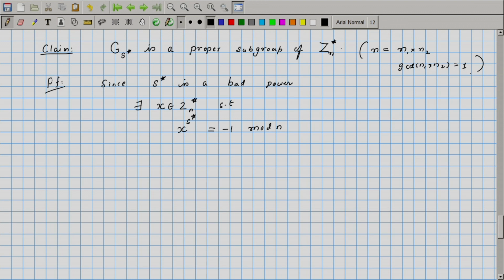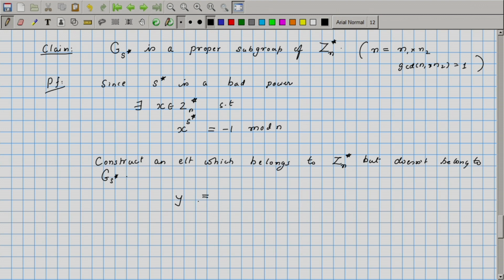So, our proof will go like this. We will construct an element which belongs to Zn star but does not belong to Gs star. We will call that element y.